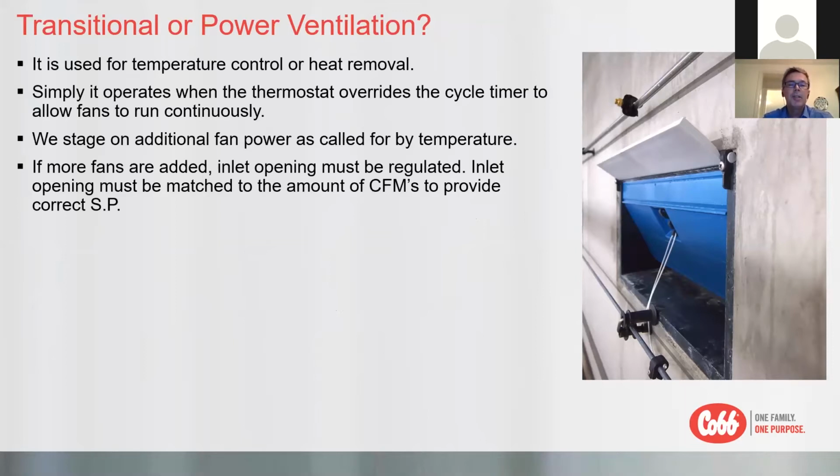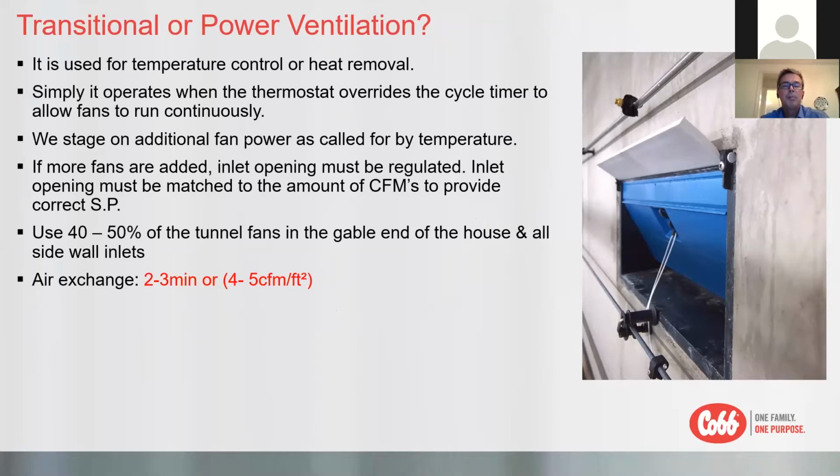In transitional power, we're going to use about 40 to 50% of our tunnel fans in full transition mode, up to half of our tunnel fans. So we have an air exchange in full transition mode of somewhere in the region of 2 to 3 minutes. In terms of CFM per square foot, it's going to be somewhere between 4 to 5.